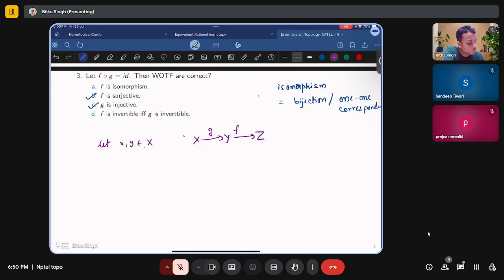So we are taking two elements from X. Then we want to prove that g is injective. So how do we check injectivity? We assume g(x) and g(y) are the same, such that g(x) equals g(y).